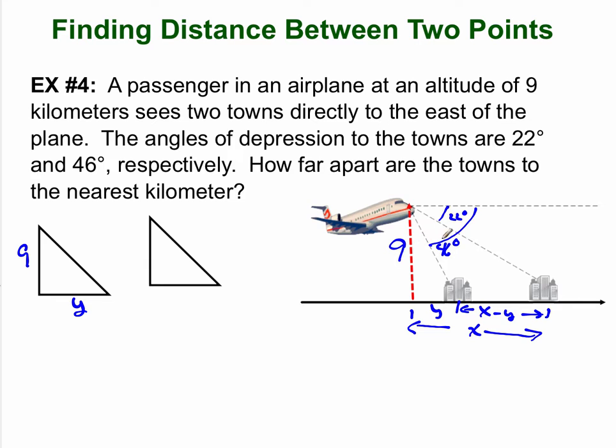Well, if this is 46, this angle right here is 90 minus 46, or 44. So if I want to find y, I know tangent of 44 is equal to y over 9. So y is approximately 8.69 kilometers.